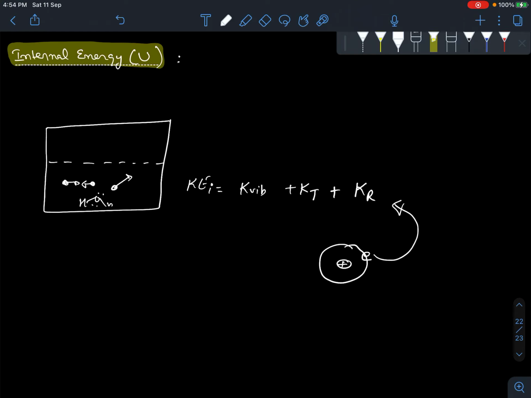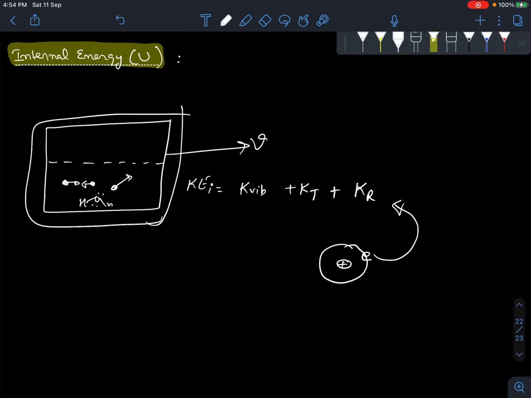So what about, sir, if a body as a whole is moving with a speed, which type of energy is this? It is an external energy. It is not part of internal energy. Internal energy means within the system: if you are observing the motion of the particles of which that particular system is made up, that is considered to be internal energy.